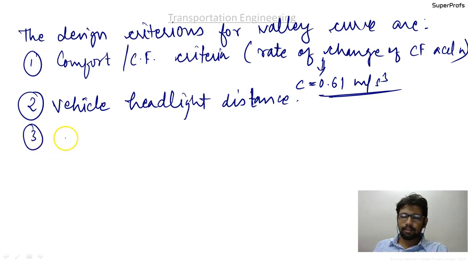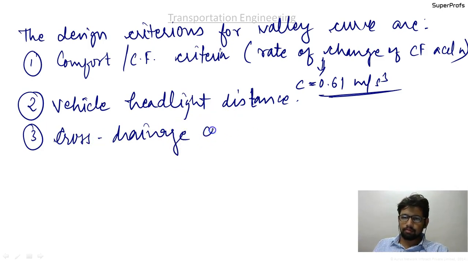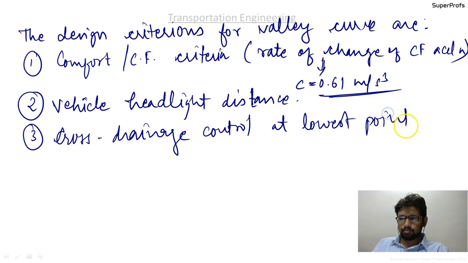The third criteria that we discussed is the cross drainage control at the lowest point of the valley. And the fourth criteria is the general aesthetic considerations.